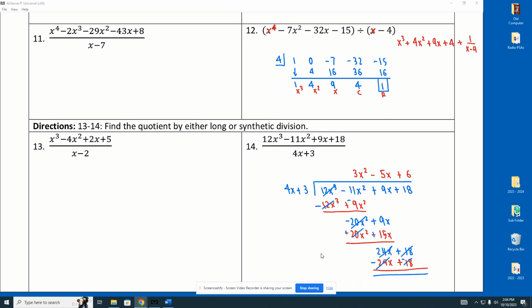It was a fairly simple one. It was kind of like number 2. Wasn't really any trick to it. There was no remainder, which was nice. Your answer simply was 3x squared minus 5x plus 6. Again, if you struggle with that, then you might definitely want to take a quick picture of it and check out where your mistake was made.